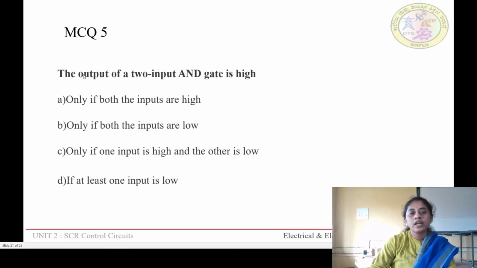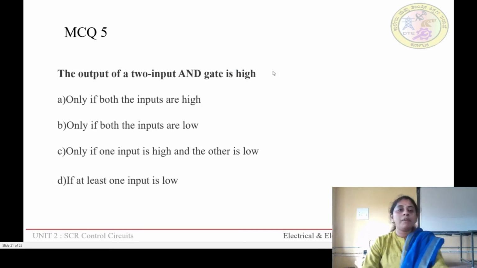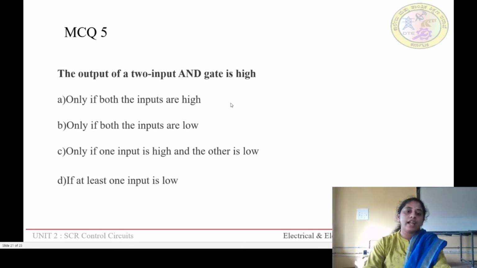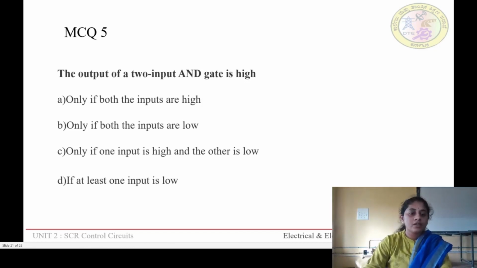The next question, the output of a two input AND gate is high when, so please recall the truth table of AND gate. When will the output of AND gate be high? It is only when both the inputs are high. So the option is the first option itself, only if both the inputs are high.